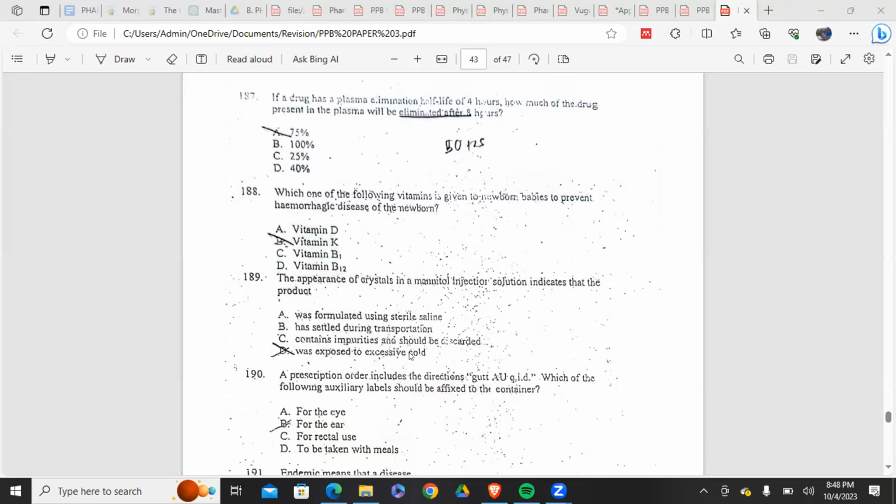Does cold temperature affect crystallization, or is it specific to mannitol injection? I assume that even a reduction in temperature causes crystallization. Even Google said so. I agree.